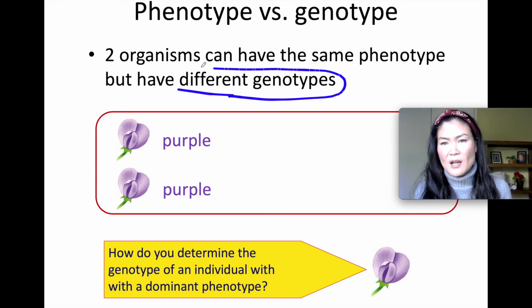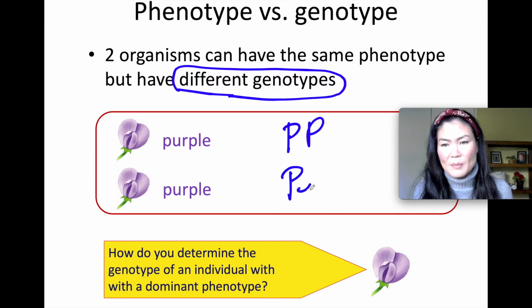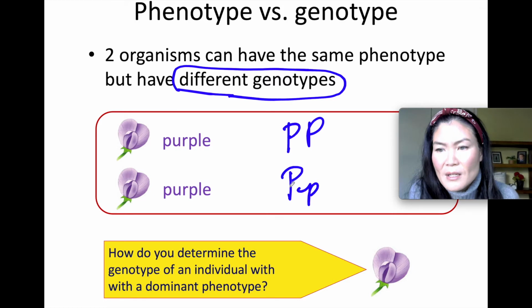How is that possible? Think about it for a second. Maybe the purple plant could be homozygous purple or heterozygous purple. Because remember, purple is dominant to white. So in the physical appearance you're not going to see the white gene. You're only going to see the purple gene.